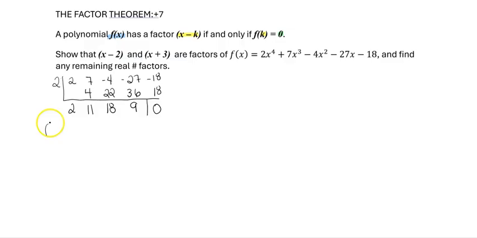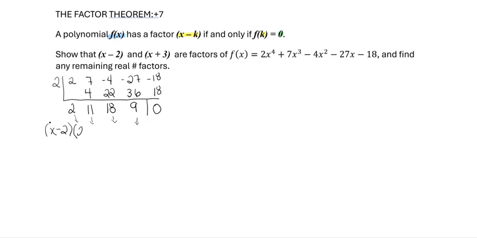So if x minus 2 is a factor, the other factor is what I multiply x minus 2 times to get my original. So I get the new factor by dropping down these 4 numbers as my new coefficients. And the power of my new polynomial is going to be 1 degree smaller than 4.